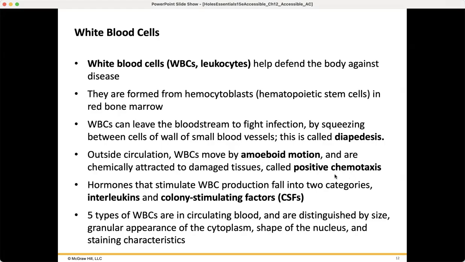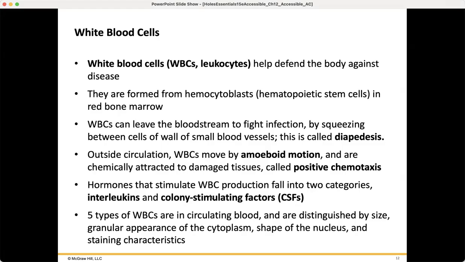Chemotaxis means that they're attracted to some sort of chemical that the cells are giving off. When cells become damaged or infected, they will give off signals, and even the bacteria or virus that might be infecting them will give off signals. And this will kind of act as a trail of breadcrumbs so that the white blood cell can make its way over to that area. That's called positive chemotaxis.